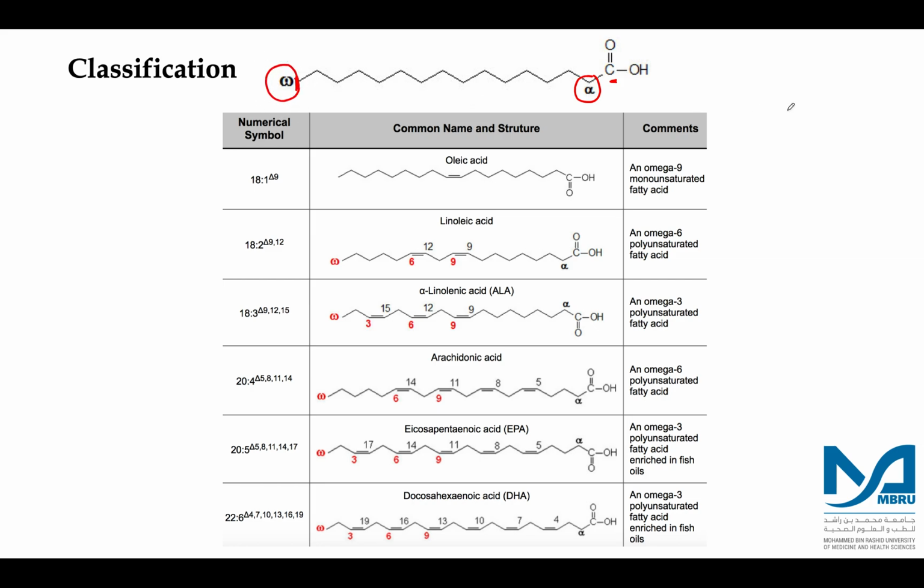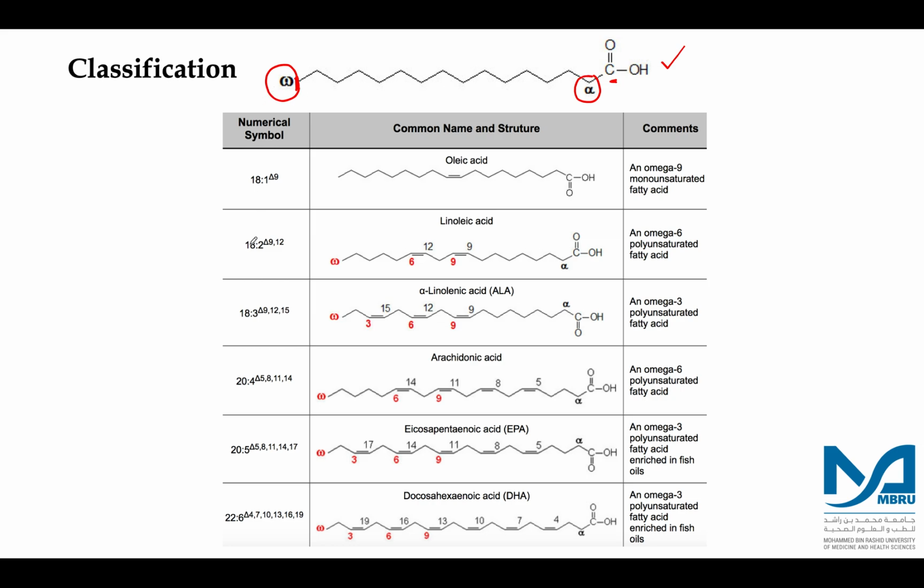Generally, when you are given structures of fatty acids, they will not give you the complete structure, but they will give you a structure something similar to this, and based on the position of the functional group, you should be able to classify the alpha carbon and the omega carbon.